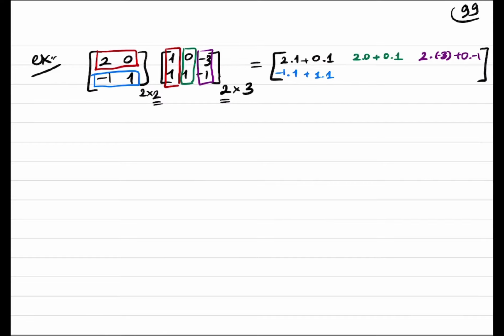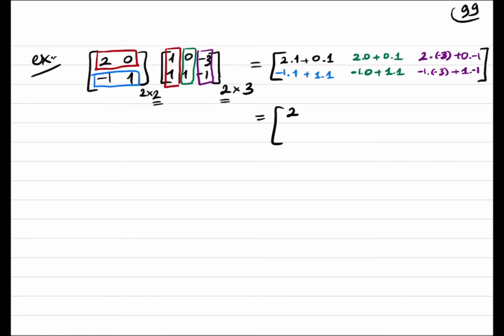We will continue like this. I will continue in green. So we will have minus 1 times 0 plus 1 times 1. And we have the last: minus 1 times minus 3 plus 1 times minus 1.